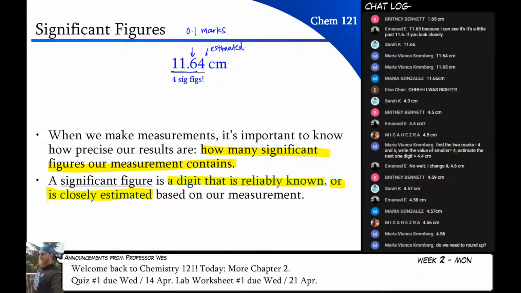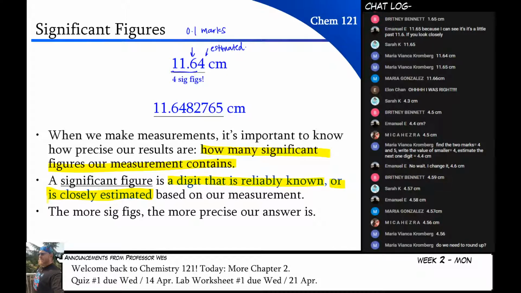Now, if I had a better tool like this, and I got this as my measurement, you could imagine that there would be really, really tiny marks all the way down to this position, and that this 5 would be estimated. Because that's how numbers are written.